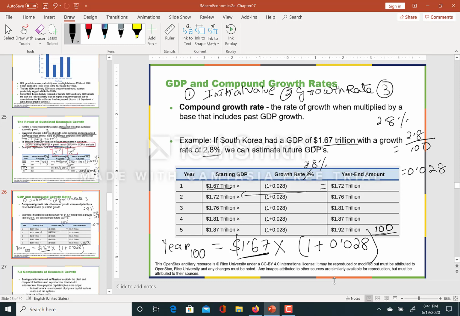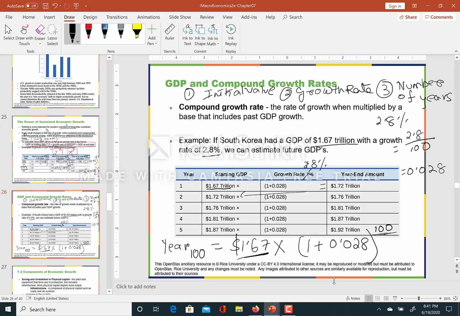Number 3, this depends on the number of years. Number of years is also very crucial to look at. We can compare our standard of living 50 years back, right now, and 50 years from now, and we can think of the magic of compound growth.